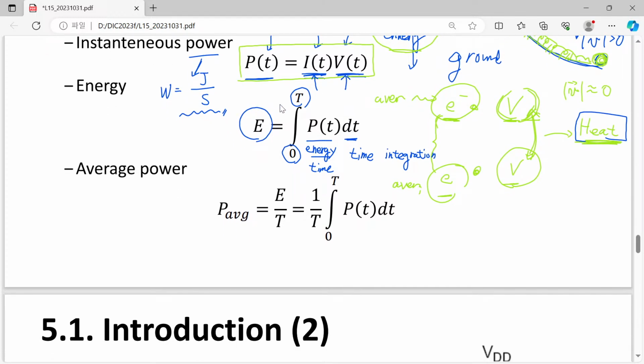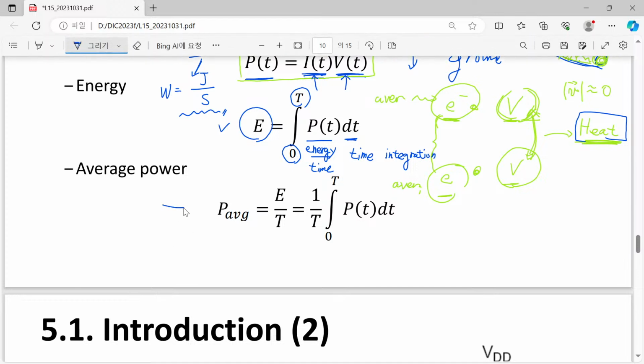This is quite a general expression, but here we have one assumption about the meaning of this large T. Although this is general between time equal to 0 and time equal to t, in this expression we make a certain assumption. Now T is interpreted as a period.